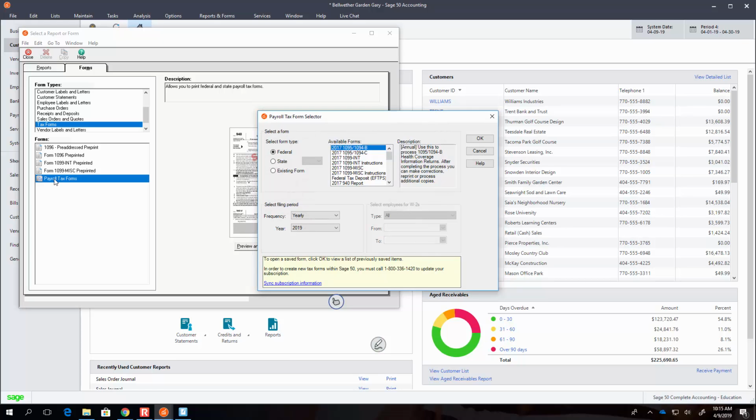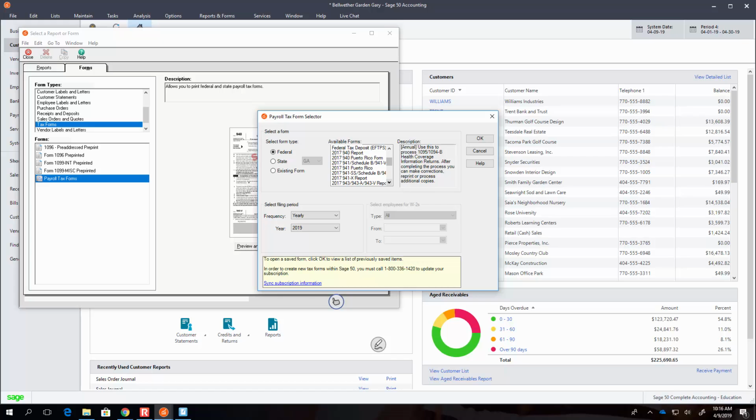Once I'm here, there's a federal toggle switch and a state toggle switch. Now I know it shows Georgia. You'll have Wisconsin because you're going to be Wisconsin for the case. But the federal form, I'm using 2018. For the federal form 941, you'll have to use the 2017 version.